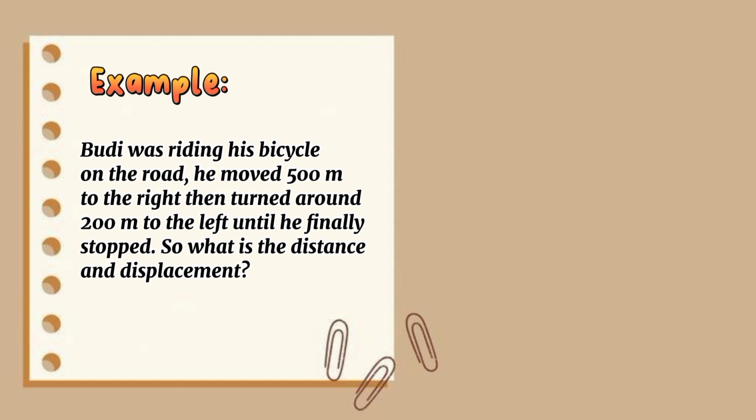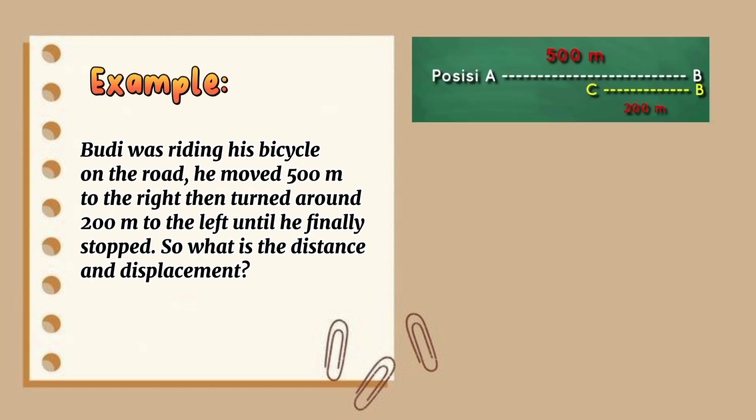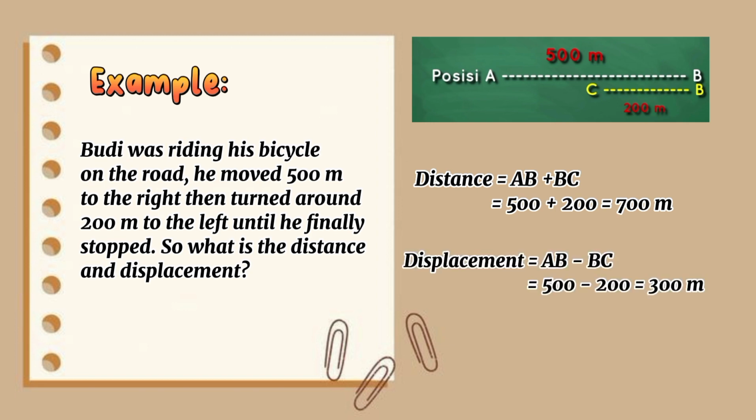The distance equals A to B plus B to C equals 500 plus 200 equals 700 meters. Next, the displacement is A to B minus B to C equals 500 minus 200 equals 300 meters.